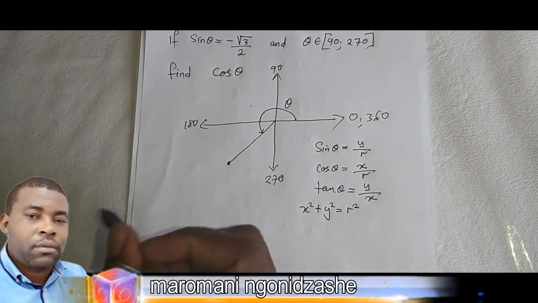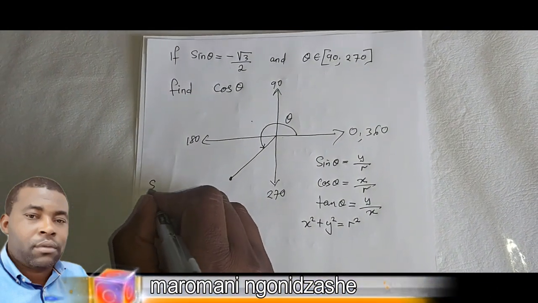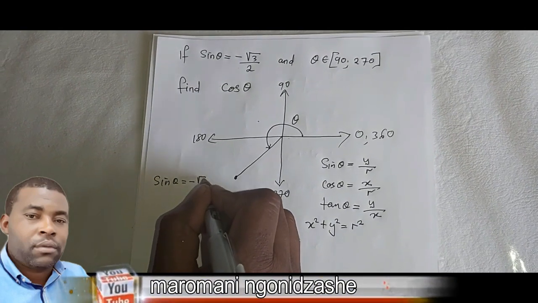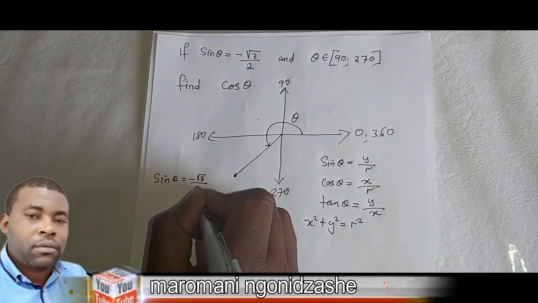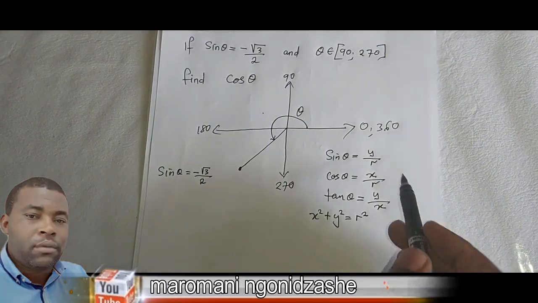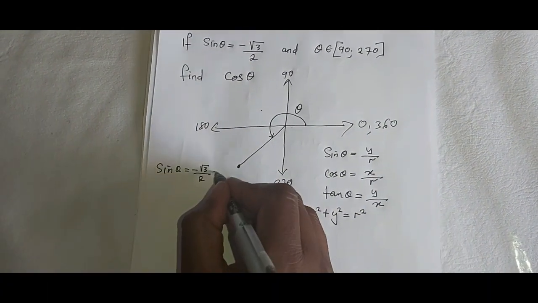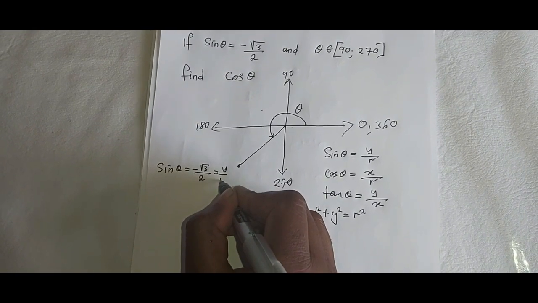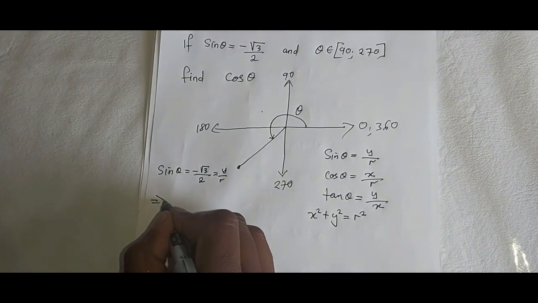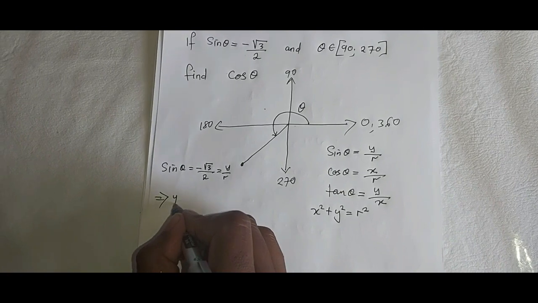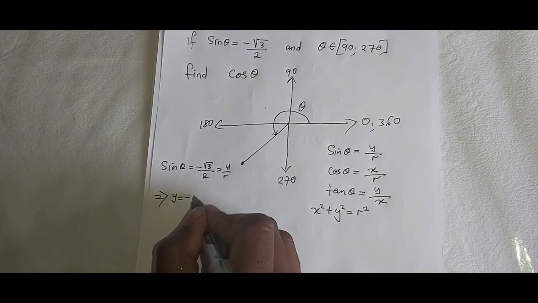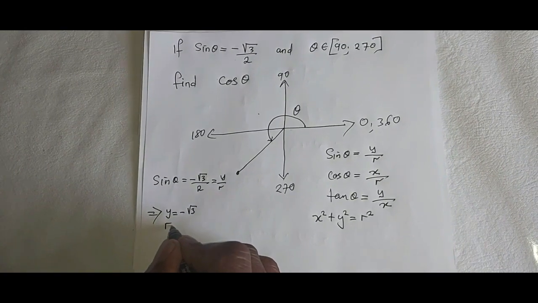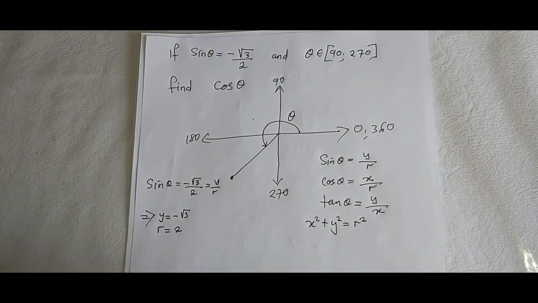So in this case, we are given that sine theta is equal to minus square root of 3 over 2. And from our formula there, it means equal to y over r. That means our y equals minus square root of 3, and our r equals 2.